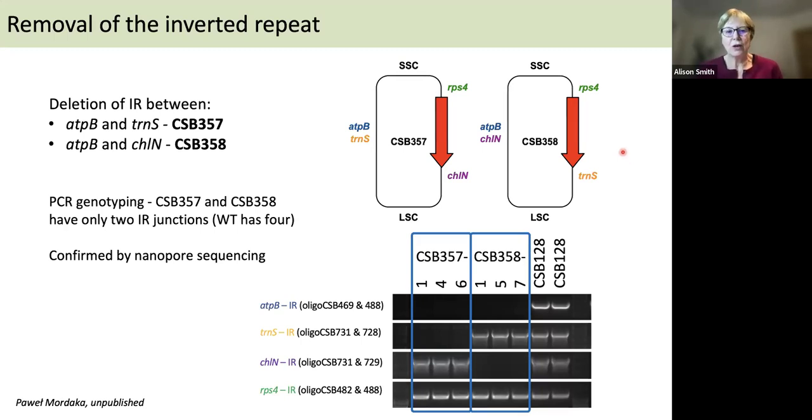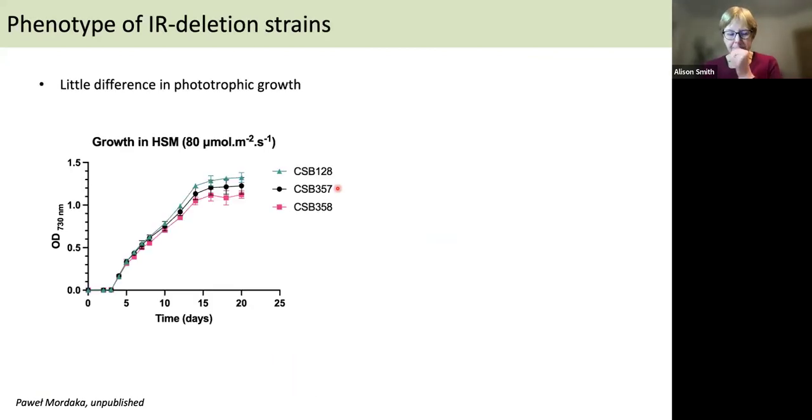Nonetheless, we had these 2 strains which have 1 of the repeats knocked out. And the homoplasmy was confirmed by nanopore sequencing. We don't see any of the parental genomes present in our chloroplasts.